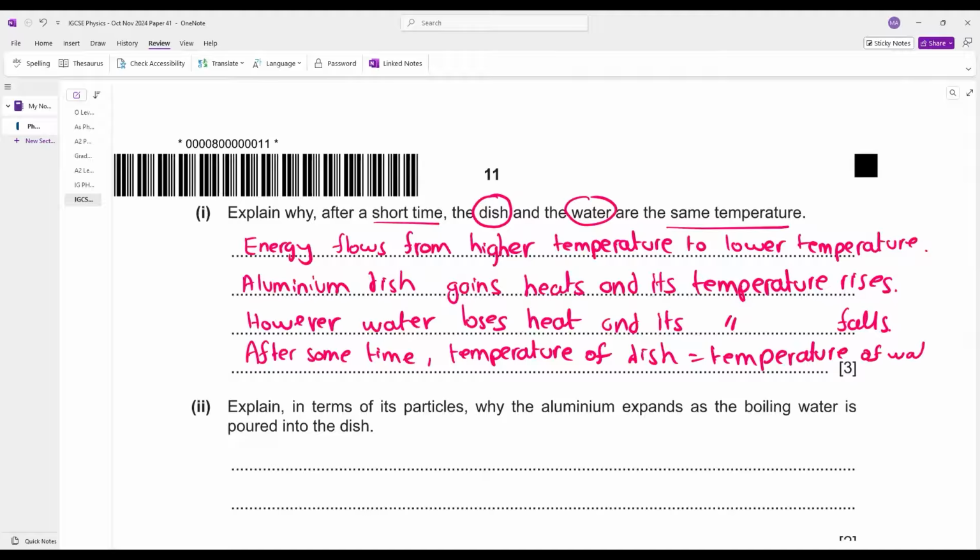Hence, no net heat transfer. Simple. आगे बढ़ते बेटा.